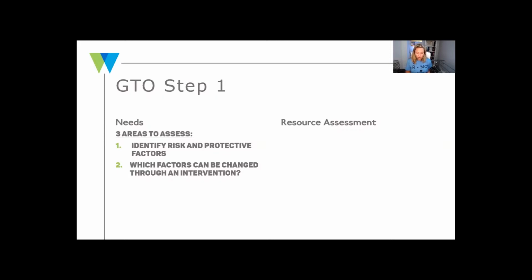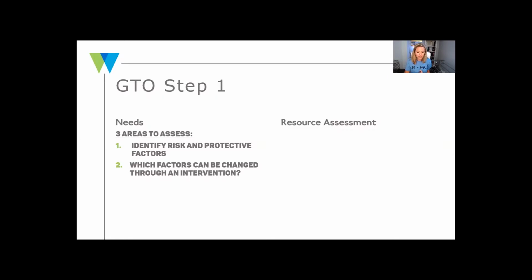If you are working within a small sub-district area, and there's something that needs to be changed at a policy level, but you don't have policy level folks involved, you might not be able to change that risk, even if the risk is meaningful. On the other hand, if you're working with, say, Dr. Camacho, who does have some influence at the policy level, now that policy level risk may be something that you could intervene with. And so it's important to think about, is this something that can be changed?